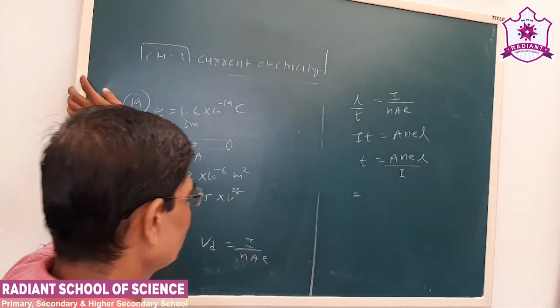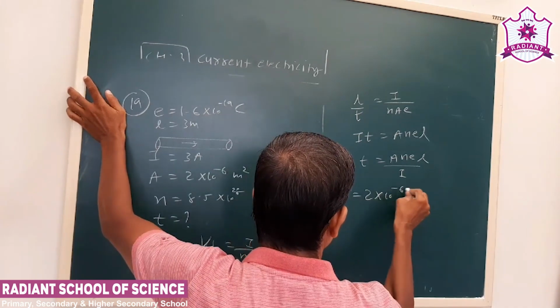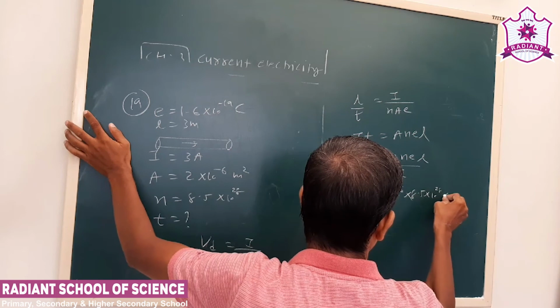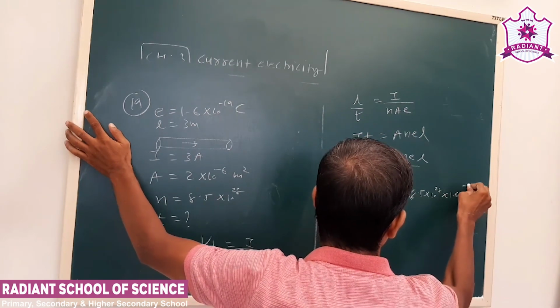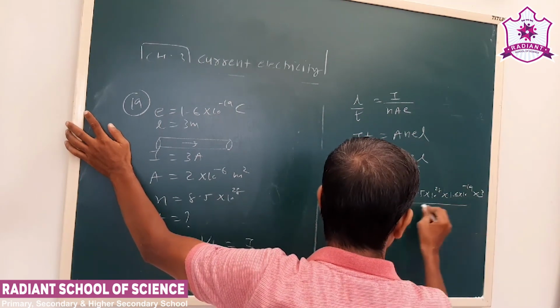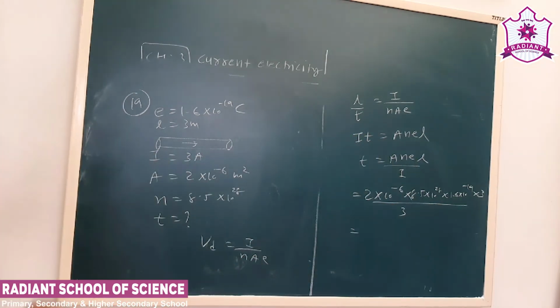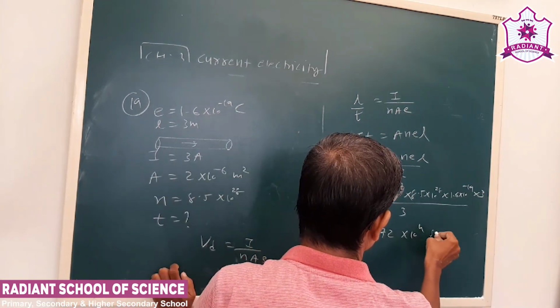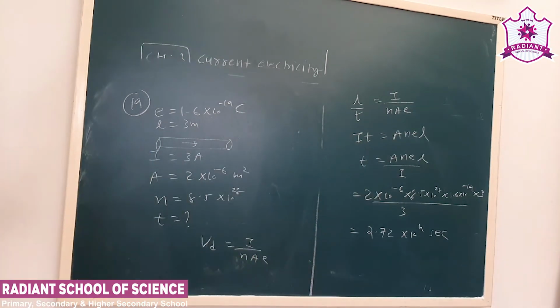Area is 2 into 10 to the minus 6. Number density 8.5. e is the charge of the electron. Length is 3. Current is also 3. So if you solve, you will get the value 2.72. So this is how we can solve.